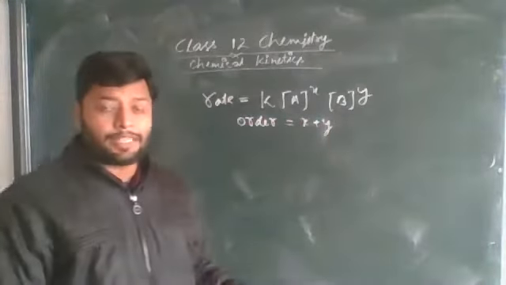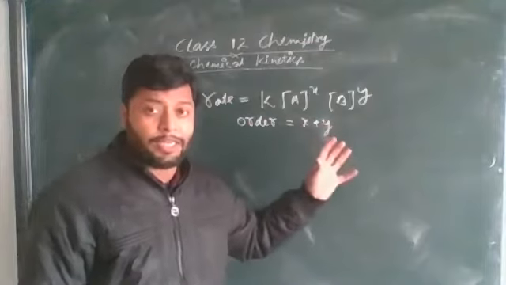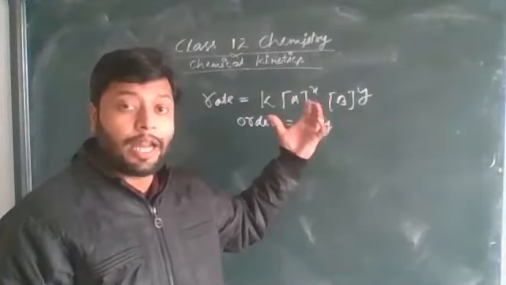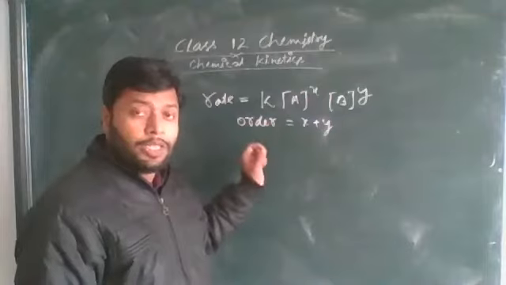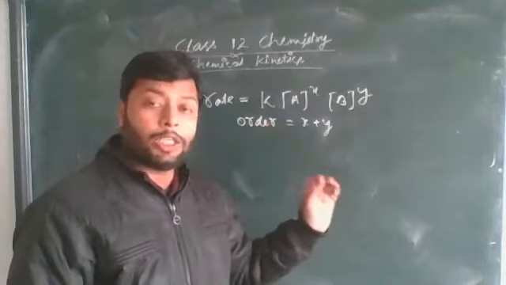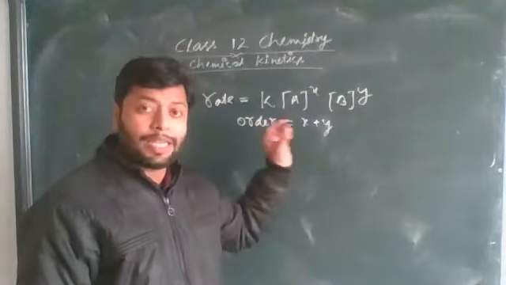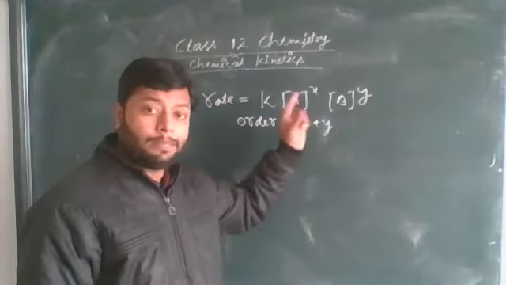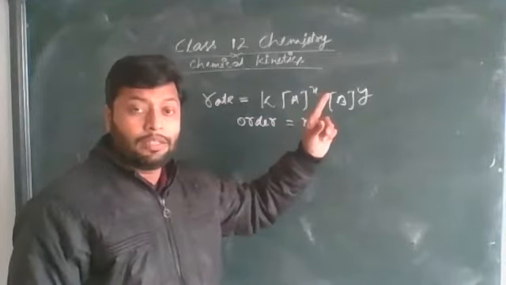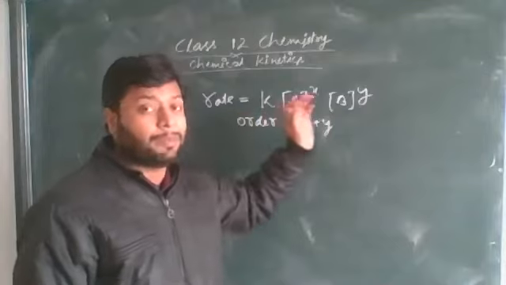So the order of the reaction means to which extent the concentrations of reactants are actually consumed during the course of the reaction. It indicates the sum of the powers used in the rate law expression.